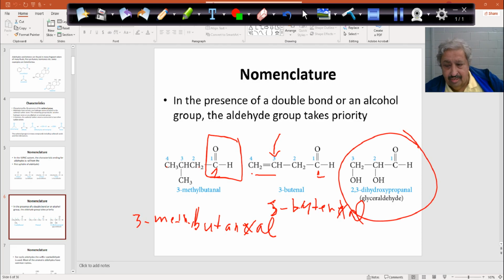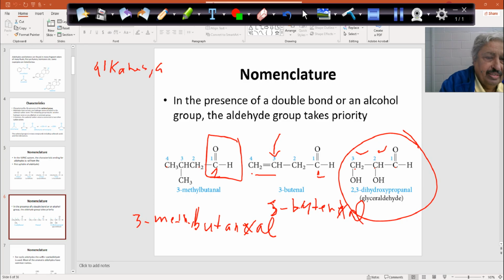Here's a very unique name. This is number 1, 2, and 3. So 2 and 3, they have what? A hydroxy group. If I have an alcohol, the alcohol is lower in priority than aldehyde. Are you following me here? So far we can see the priority will come here.